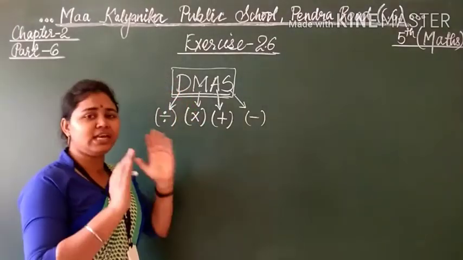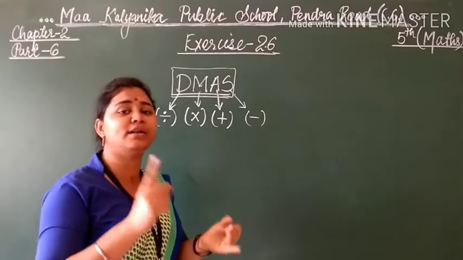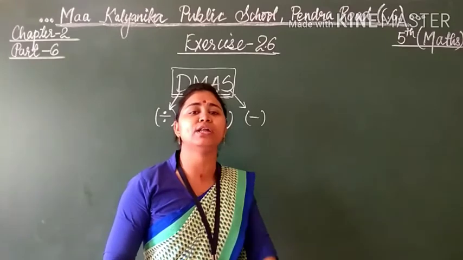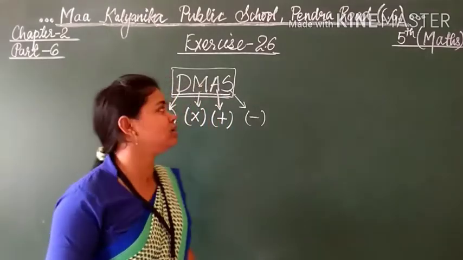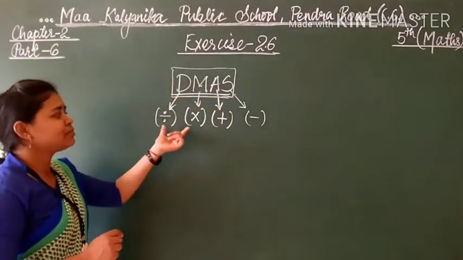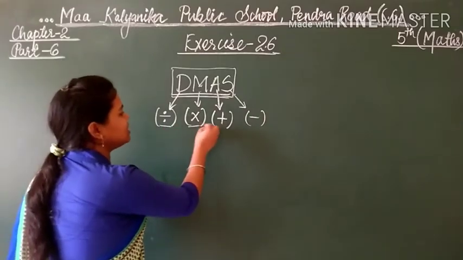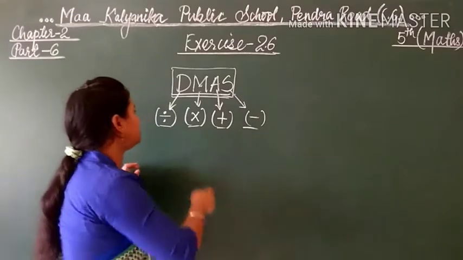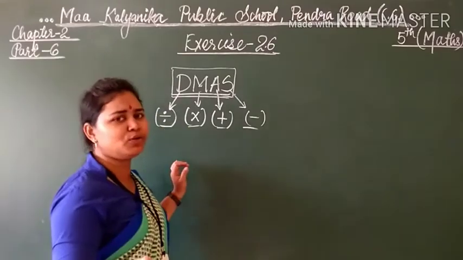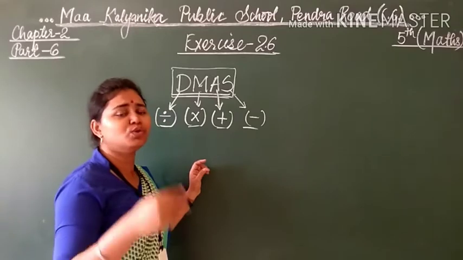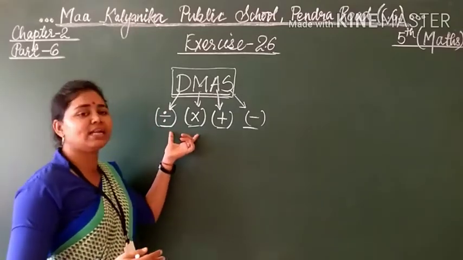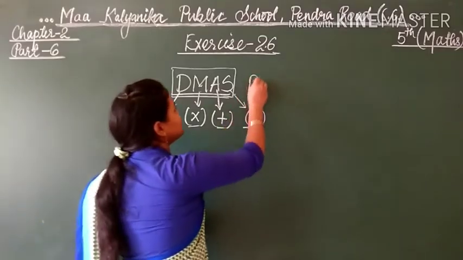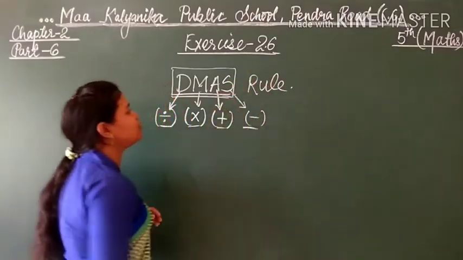If in the question all 4 operations are there, or any 3 or any 2, then you have to follow this DMAS rule. If only any one operation is there, then you simply do that.